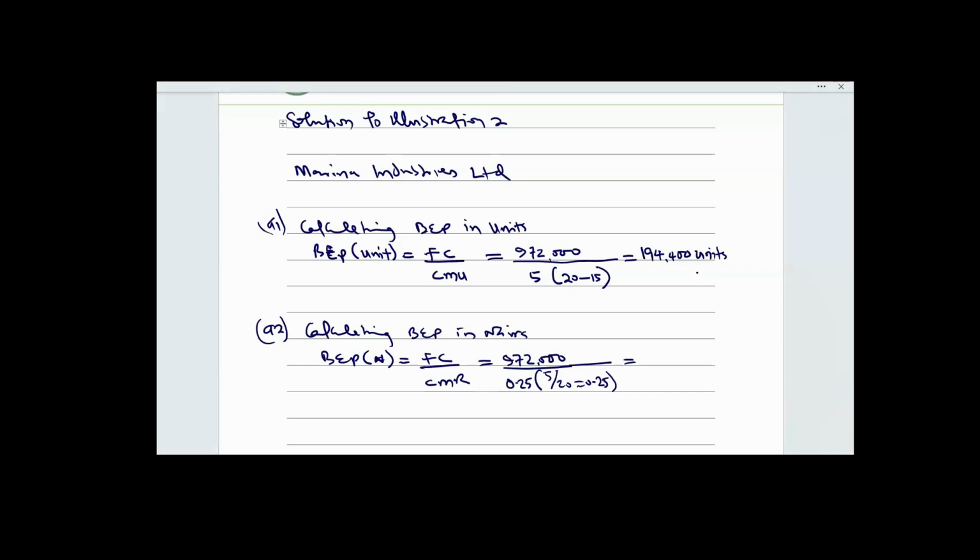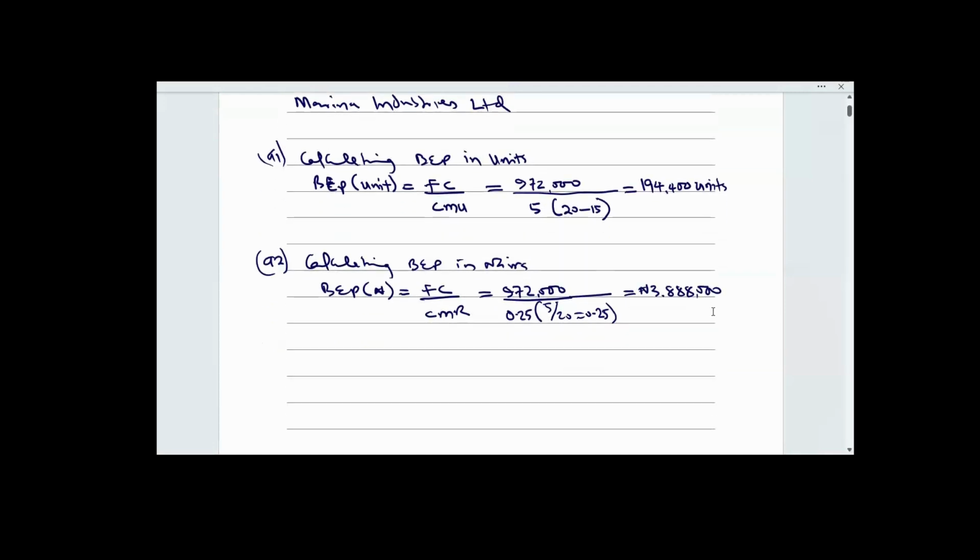All right. Therefore, 972,000 divided by 0.25 equals 3,888,000 naira.